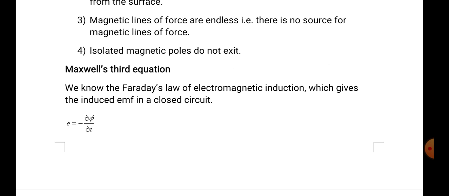Maxwell's third equation is based on Faraday's law of electromagnetic induction, which I already discussed in the first unit. In that equation, the induced EMF in a closed circuit is equal to minus d phi by dt.